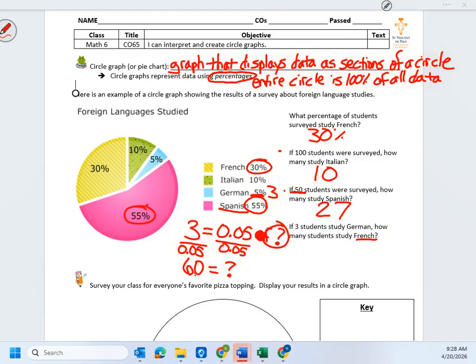Do you want to give it a try, Michael? Tell me what math to write down. What do you think we would do? 30% of 60, exactly right. So 0.30 times 60 equals how many, Jackson?